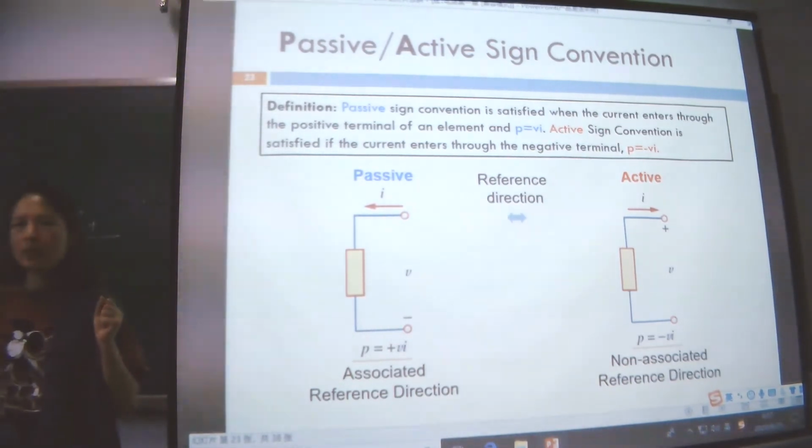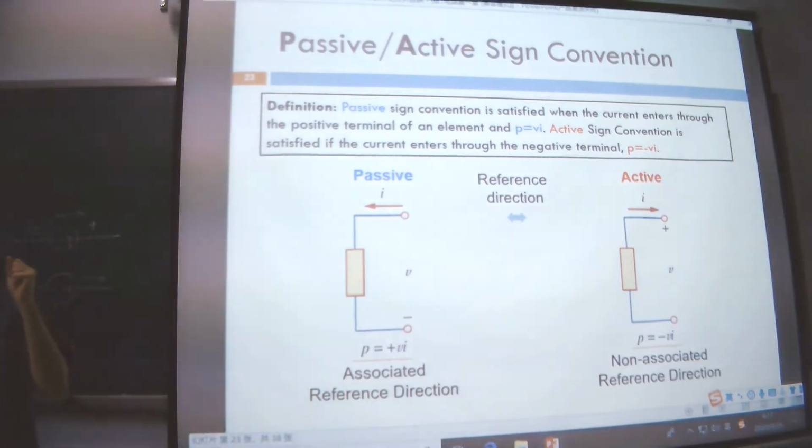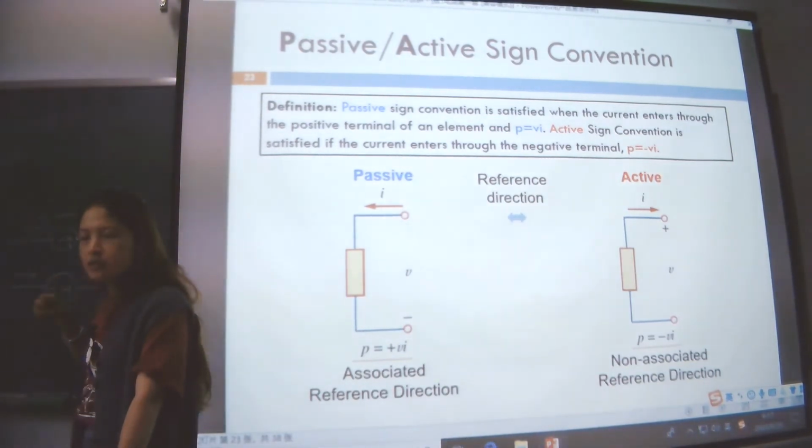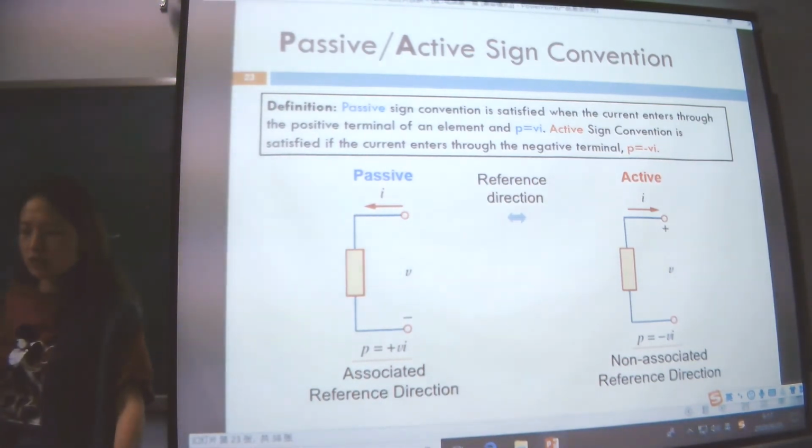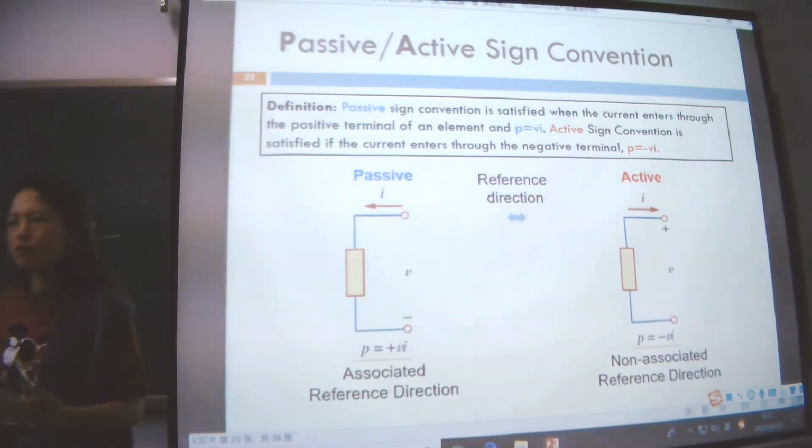But for passive elements, they can release energy and store energy, but the energy released must be smaller than the energy stored. So that's the definition. That is an easy way to understand the passive sign convention, because we use this convention in most of our cases.